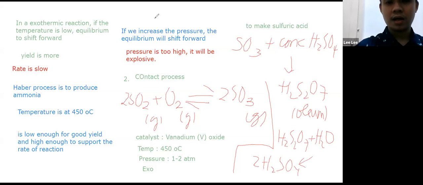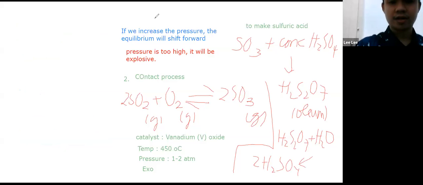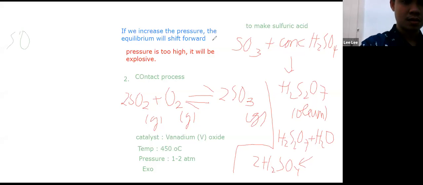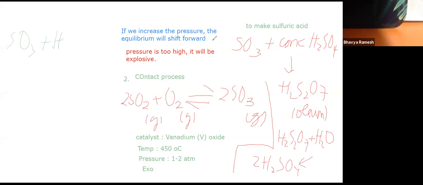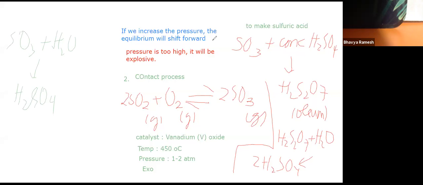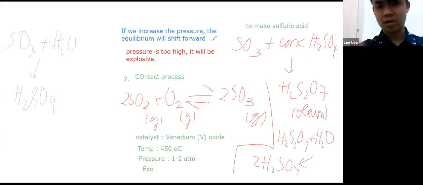So if you see the SO3 just now, actually, if you take the SO3 and you add it with H2O directly, chemically it will give you H2SO4. I mean, from the atoms point of view, but this one cannot be done.